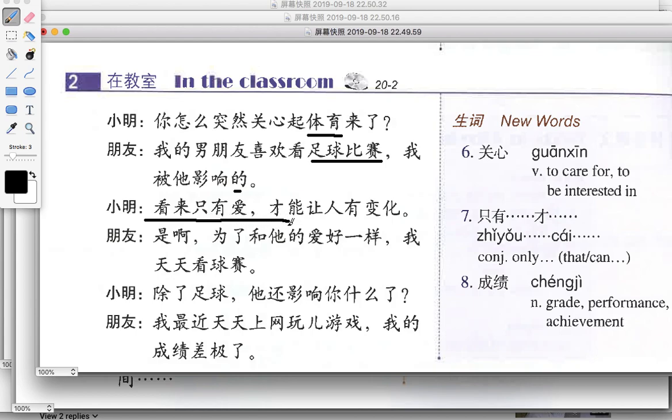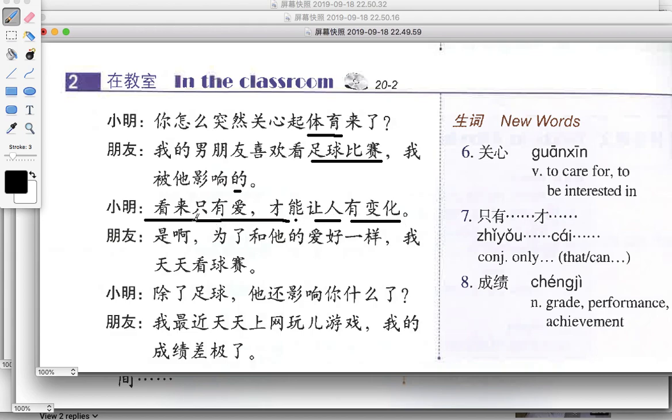He says, 看来只有爱才能让人有变化. That is just, ugh. Anyway, the sentence is 只有, only 爱, only love, then it can make people have a change.